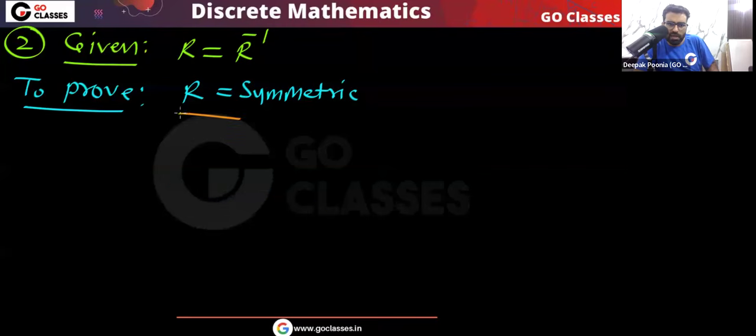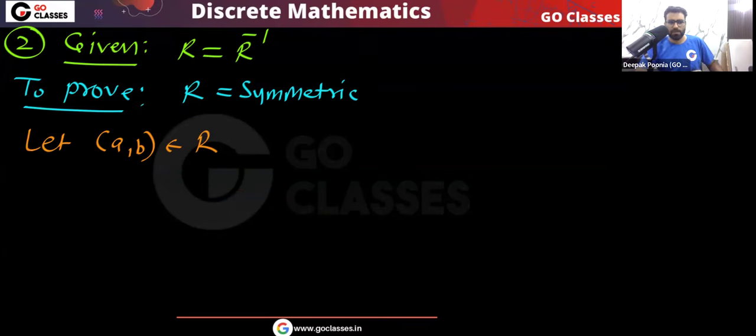So I want to prove that R is symmetric. So what will be the starting point? The starting point will be, let AB belong to R. Do you agree? Now, can you guarantee that BA will also belong to R? That is the question.